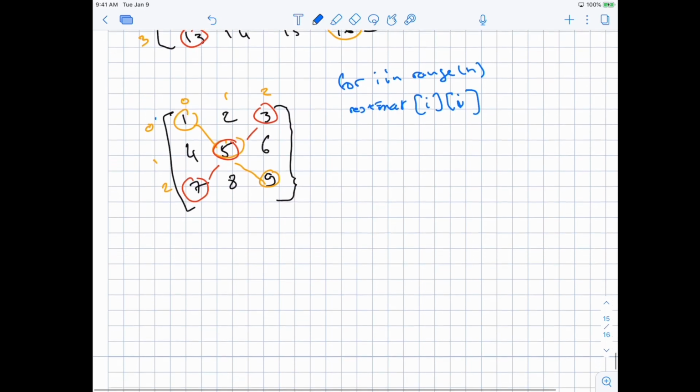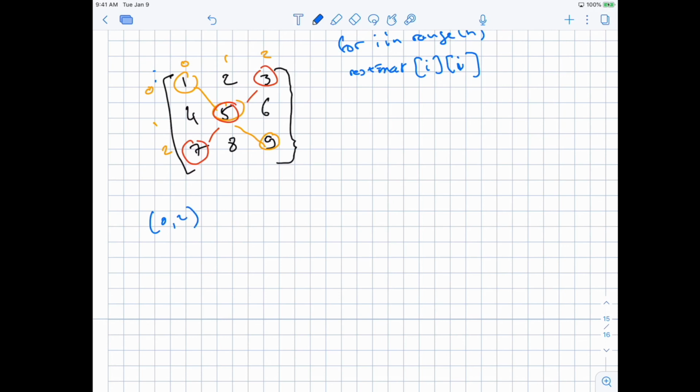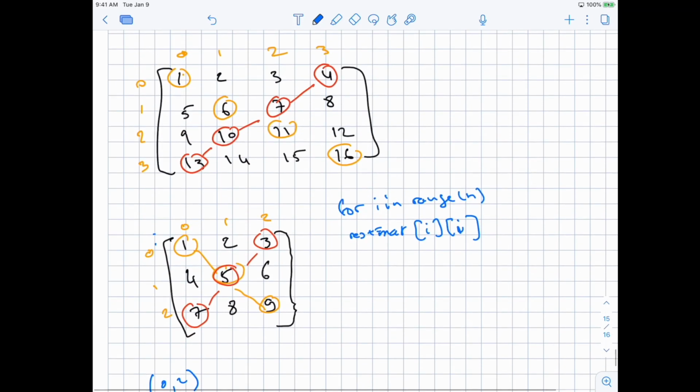You can notice something here: for the first index, it was 0, 2. For the second index, it's 1, 1. For the third one, it's 2, 0. Here you can see there is some sort of symmetry between the value on the primary diagonal and the one on the secondary diagonal, but it's a little bit hard to see with this example.